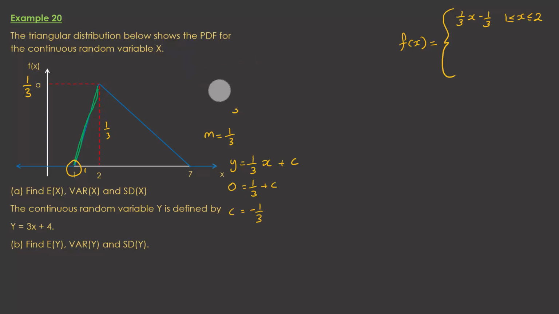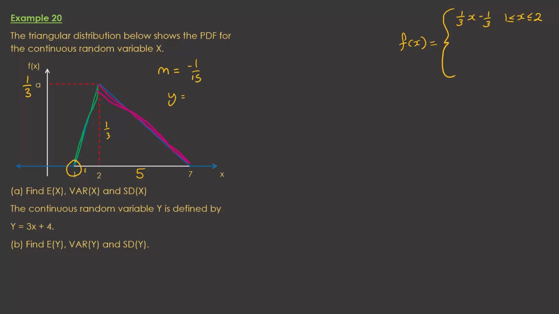Okay, so let's look at the next section, this bit down here. We can see 2 across to 7, that's 5 across there. So the gradient is 1/3 divided by 5, 1/15. It's going to be negative 1/15 because it's sloping downwards.